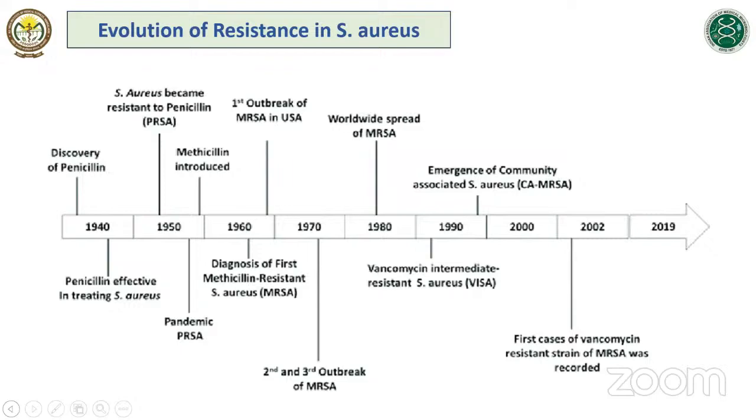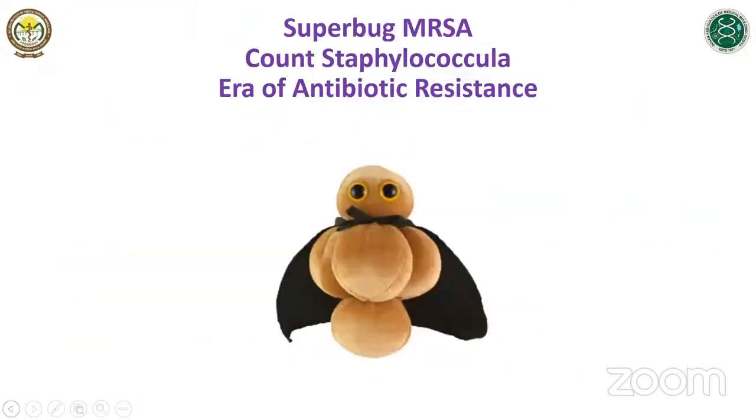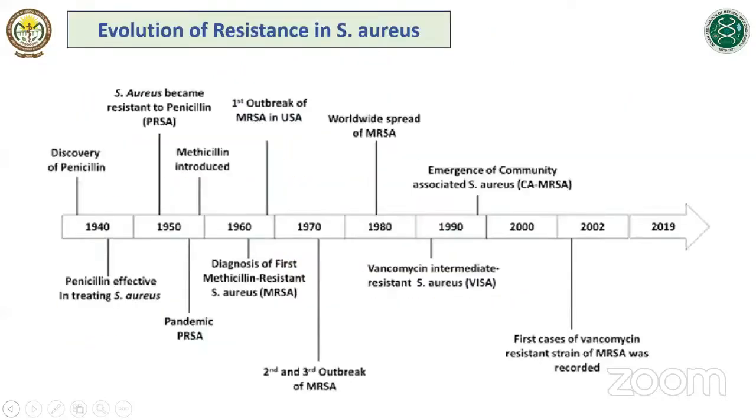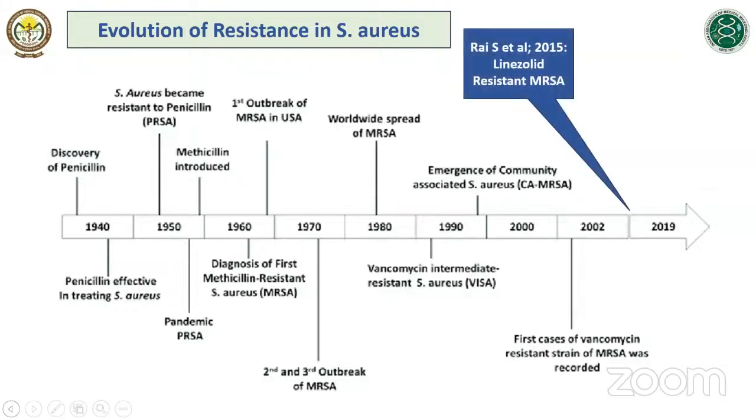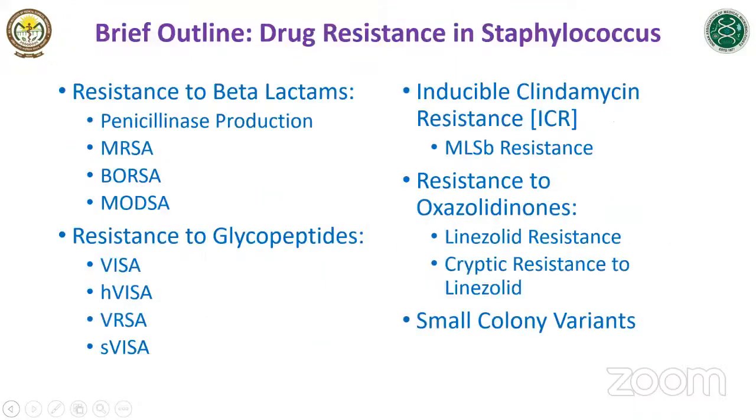In 2002, the first cases of vancomycin-resistant Staph aureus started. Around the mid 2000s to 2010, we also had multiple strains of linezolid-resistant MRSA evolving. We did have some studies of our own on linezolid-resistant MRSA, and we also found hidden resistance to linezolid in Staphylococcus aureus.